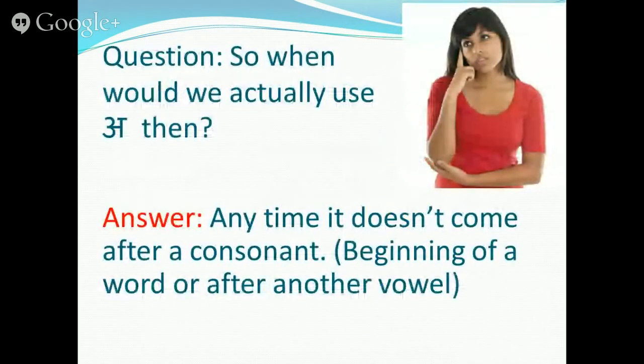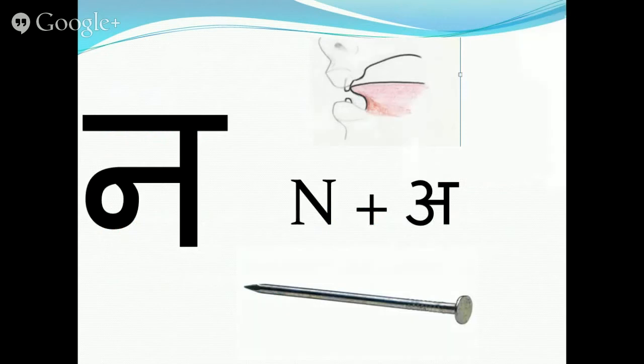At the beginning of a word, because there's no consonant in front of it. Or if it comes after another vowel or the shorthand form of another vowel. Because remember, it's consonant plus vowel shorthand form. So any other time, we would have to use the full form, which is at the beginning of a word or after another vowel, which we've learned pretty much all of them. So we're going to come back to that eventually.